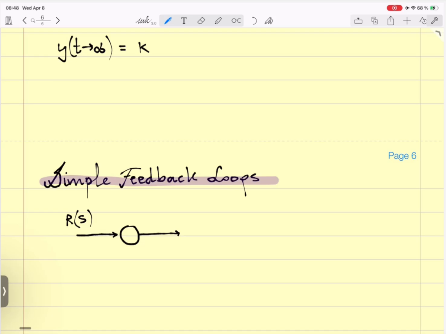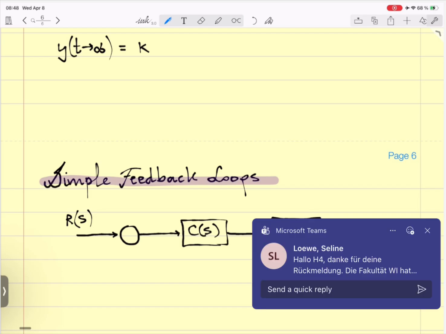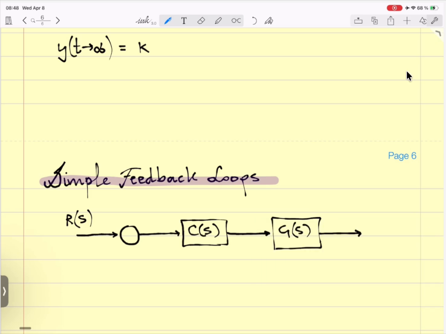We have a control system there in place. Then we have a system itself that yields an output.